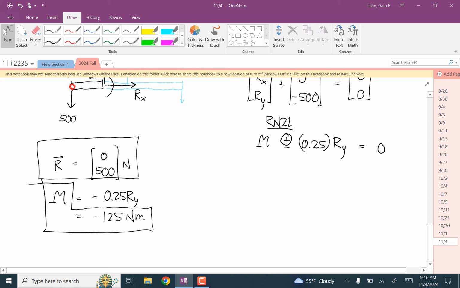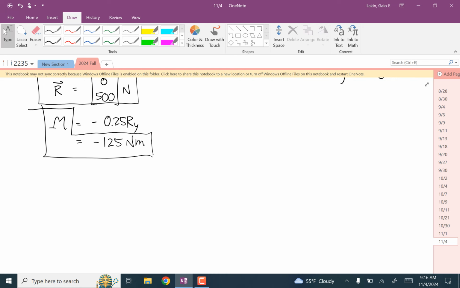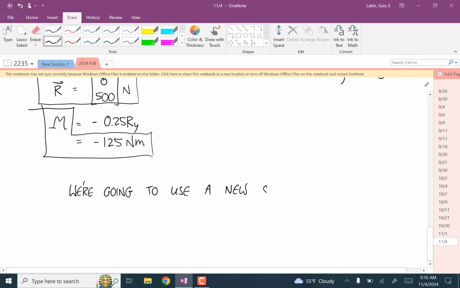There's one thing though. We're going to use a new sign convention. Like this works perfectly fine. You could do it this way, but we're going to use a new sign convention for those internal loads.